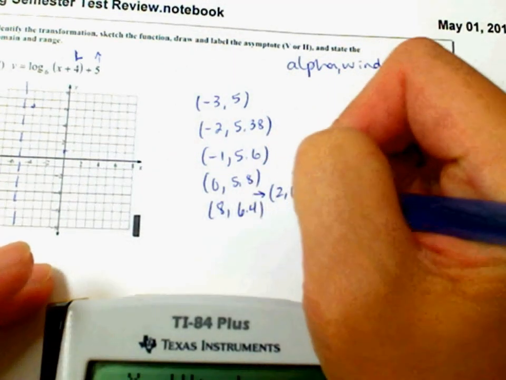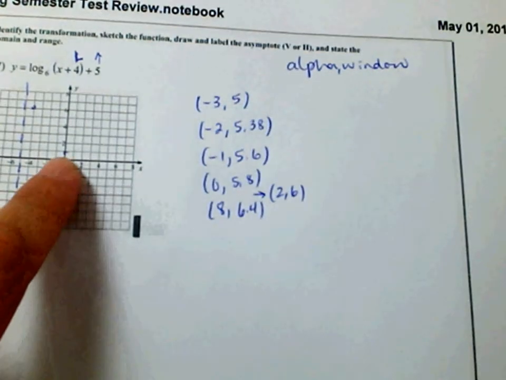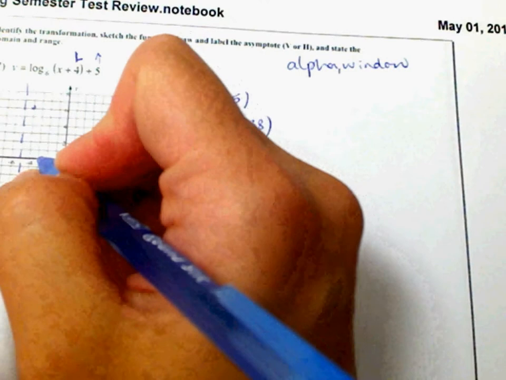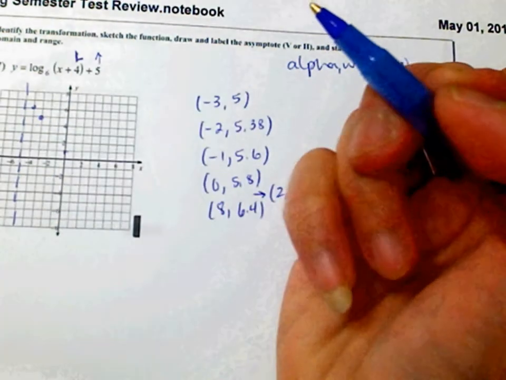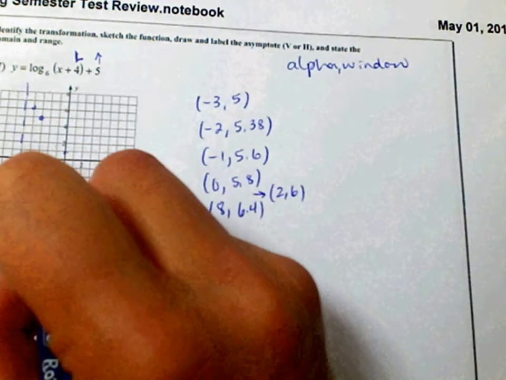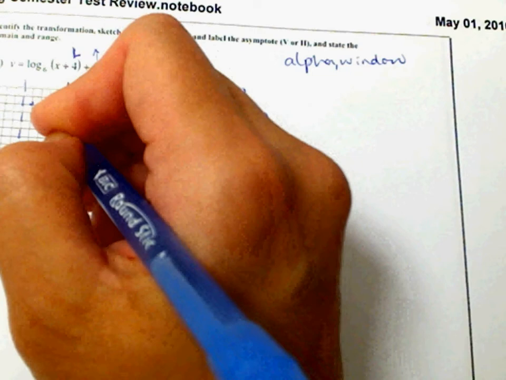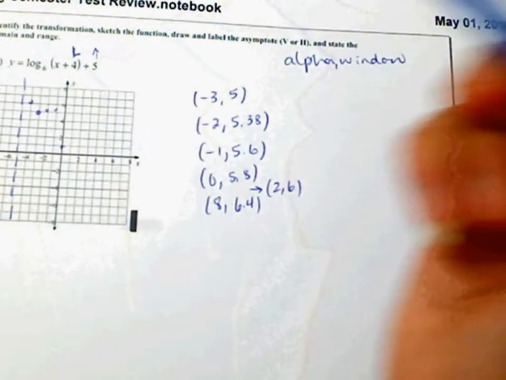So you can go to -3 and 5, right here, okay? And then you can go to -2 and 5.3, so up a little bit. And then -1 and 5.6, okay, ignore this part. 0 and 5.8.